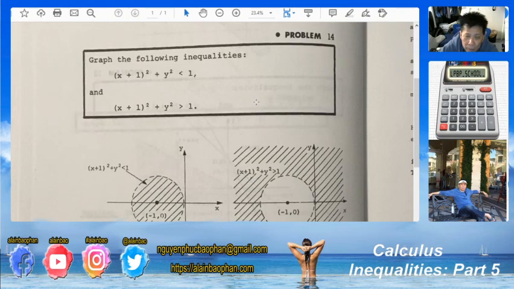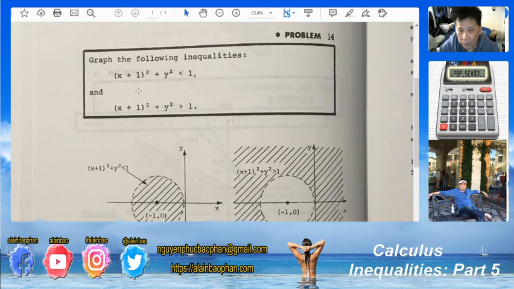That is the equation of the circle, the unit circle, with the center at the origin, 0, 0, and the radius equal 1.